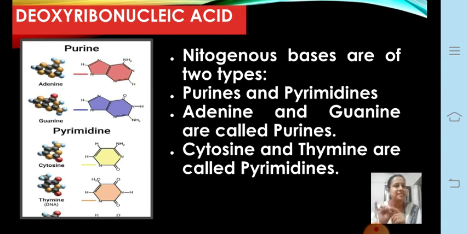You can see the structure of purines: they have one pentagonal structure and one hexagonal structure. Whereas pyrimidine has only one hexagonal structure, and pyrimidines are again two types, cytosine and thymine in the case of DNA and cytosine and uracil in the case of RNA. Right now we are talking about DNA, so it has cytosine and thymine.